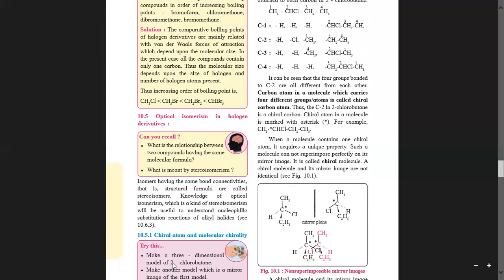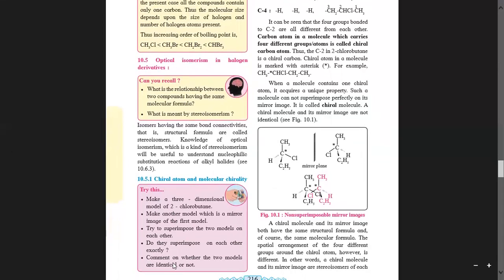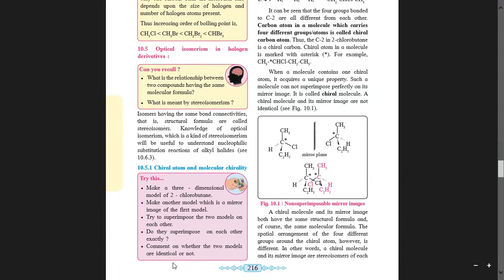If we put this mirror image on the object, they are non-superimposable, meaning the chlorine on the left side in the mirror image will be placed on the hydrogen on the left side. So similar groups are not superimposable here, and therefore it is a non-superimposable mirror image.